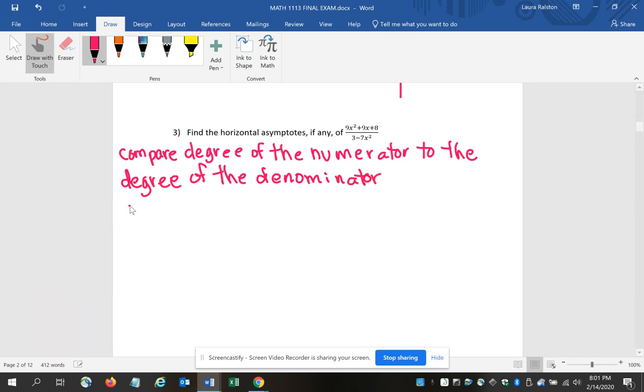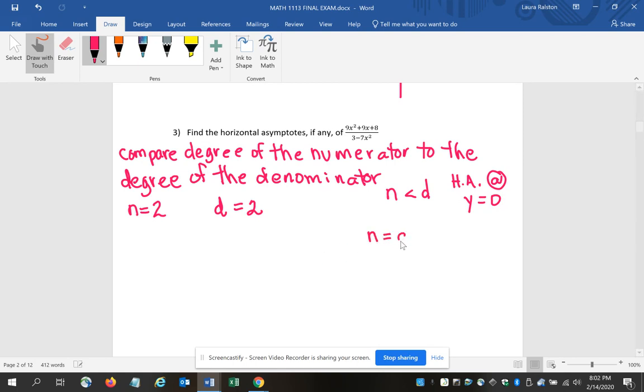Remember, the degree is the highest exponent. So in this problem, the degree of the numerator is 2. That's the highest exponent. For the denominator, the degree is also 2. If the numerator degree is less than the denominator, there is a horizontal asymptote at y equals 0.